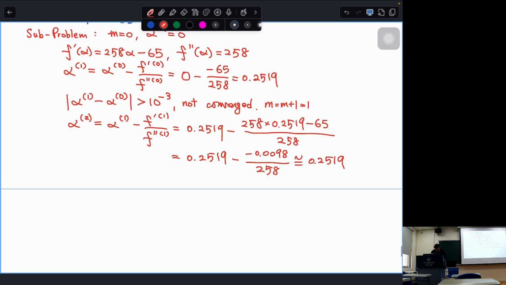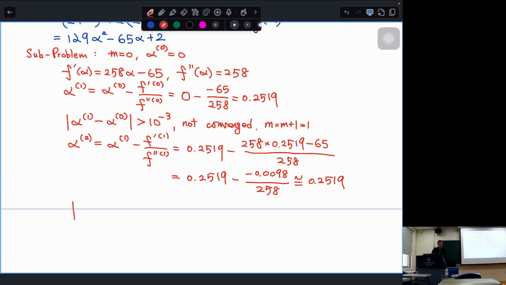So from here you can tell Newton's method can find the solution actually in one iteration, but you still need one more iteration to confirm it. So it's very close to 0, converged. Okay?